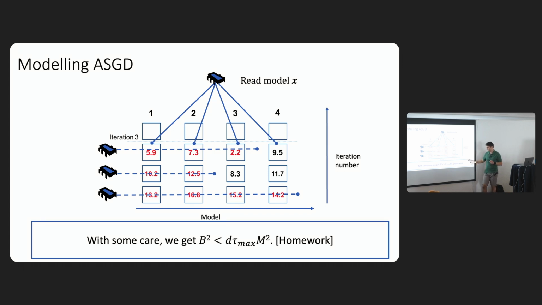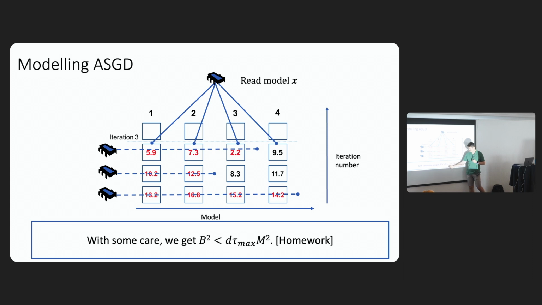I knew I wouldn't get to cover it, but basically the B squared value here is actually tau max, which is what your intuition was, times how large the 2 norm of a single update is. Notice you could have almost a full row in this situation. So you would have the sum of squared values over that row, which is d times m squared.